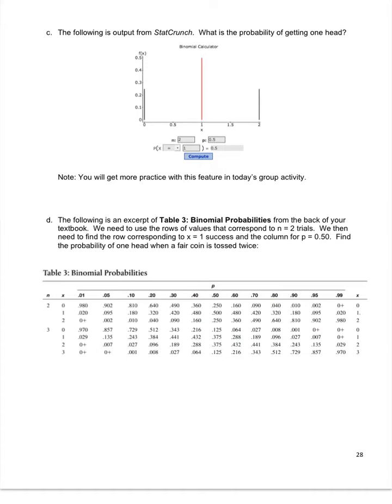Okay, in part C, the following is output from StatCrunch. We're going to use this to get the probability of getting one head. Notice this graph here looks just like part B, but we have this added information from StatCrunch as well. This is something you'll probably be doing in your group activity today, but you can change this here.